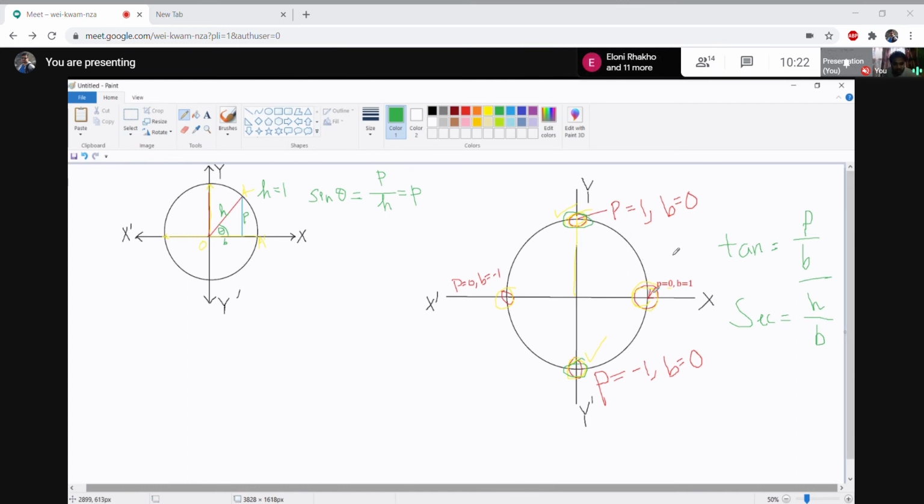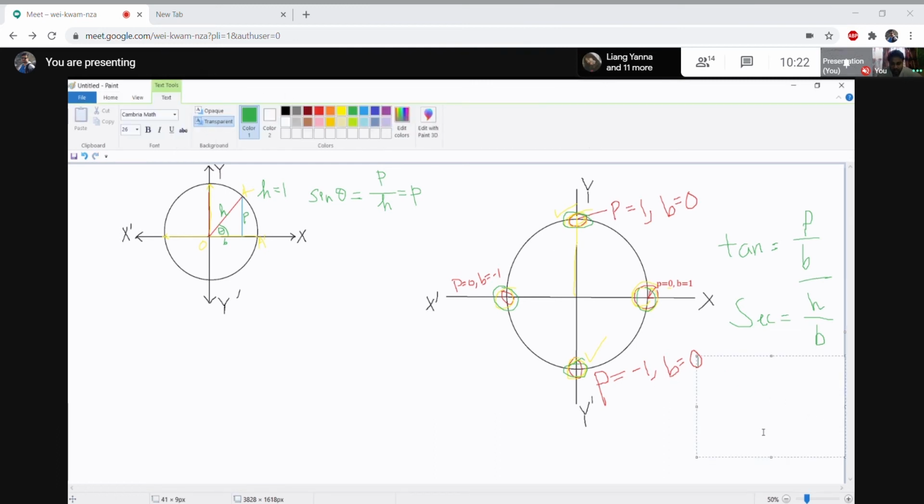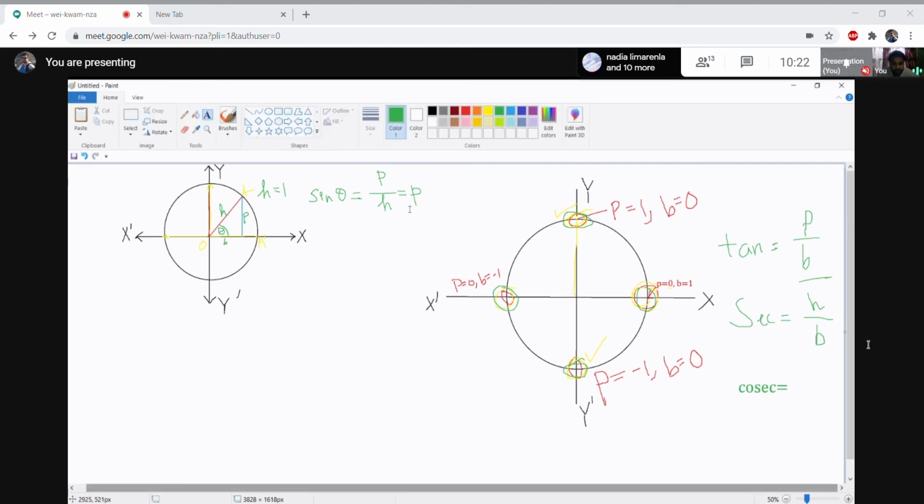And you can see at these 2 points perpendicular is 0. That means cosec means what? Cosec equals hypotenuse by perpendicular, right?